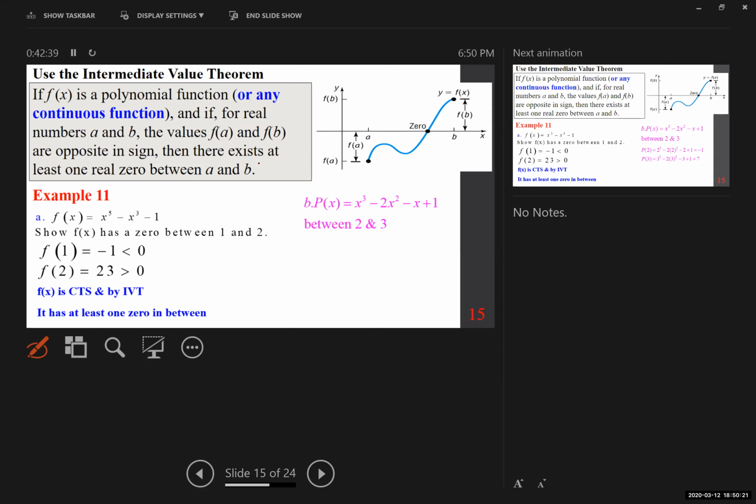I think everybody is clear as to what happened with 11A. Let's give everybody a chance to do 11B. So you got to evaluate it at 2, you got to evaluate it at 3 and make a decision. Go ahead.